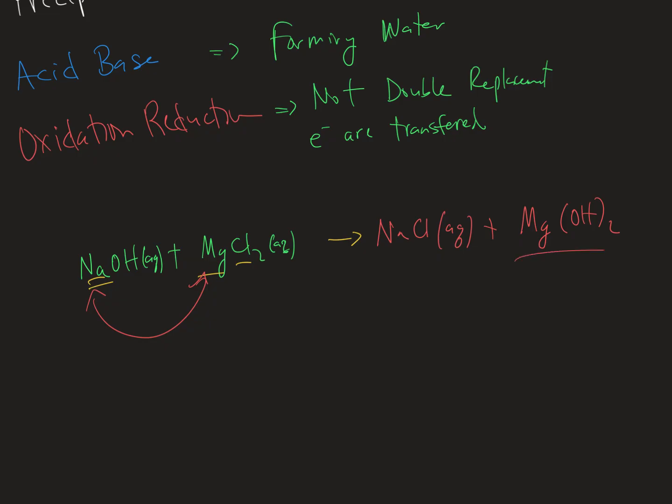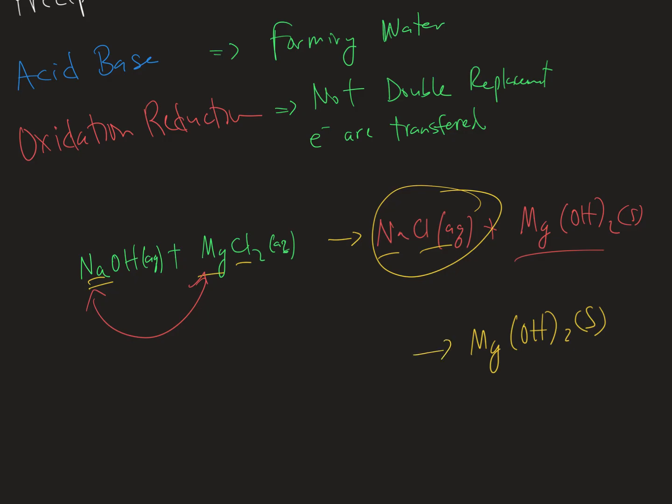How do we know it's not? It's not on our solubility chart. So which ones are our spectator ions? Sodium and chlorine, because they're not in our product. So we can write the net ionic equation, excluding the spectator ions, as MgOH2 as a solid.